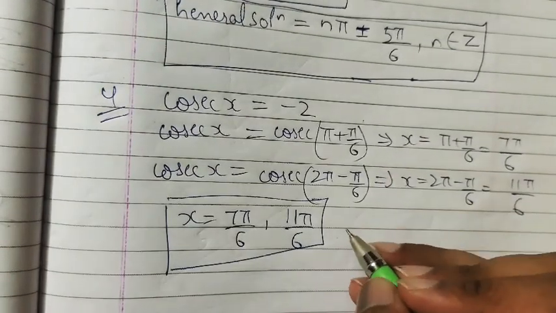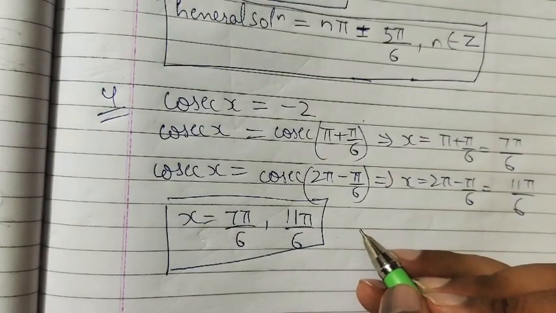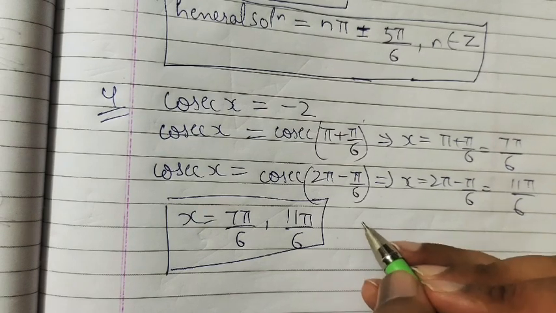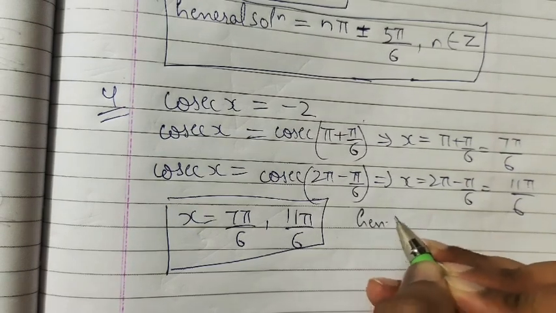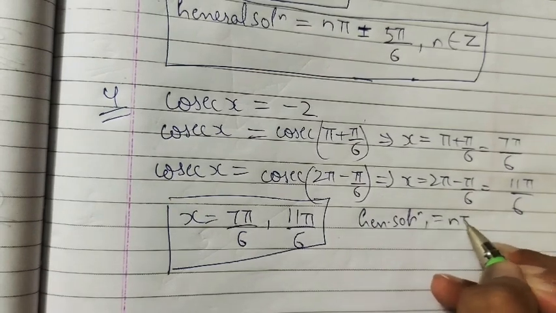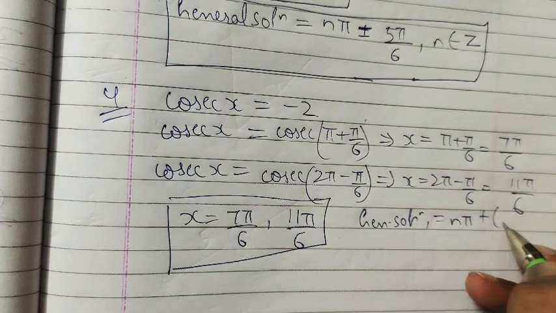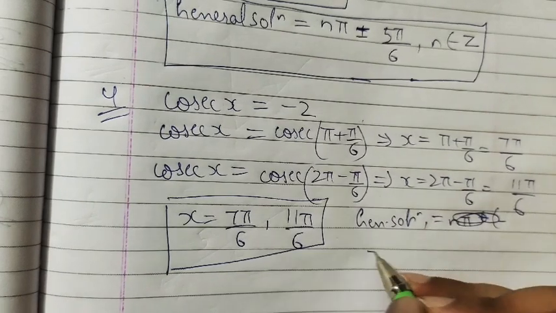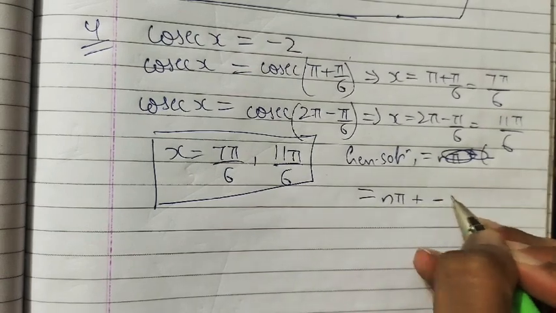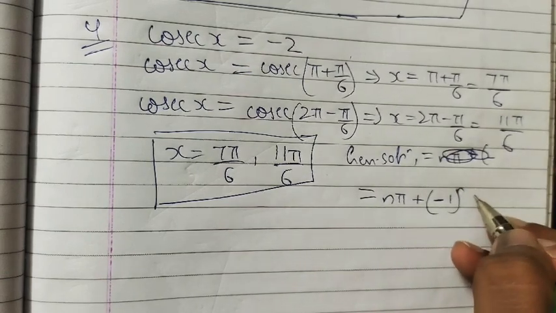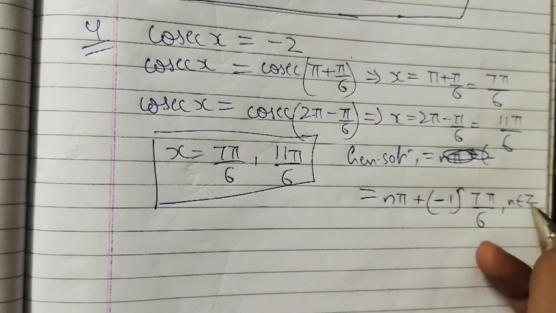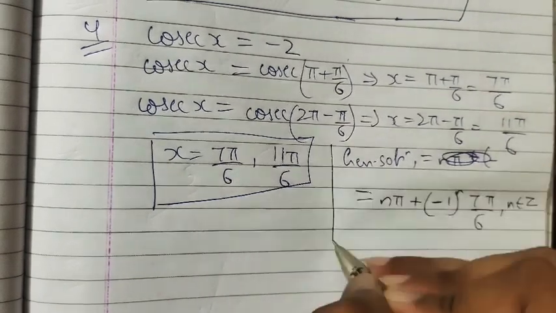So general solution of cosec x will be similar to sin x. So general solution is equal to n pi plus minus 1 raised to the power n times 7 pi by 6, where n belongs to integer. So this is general solution.